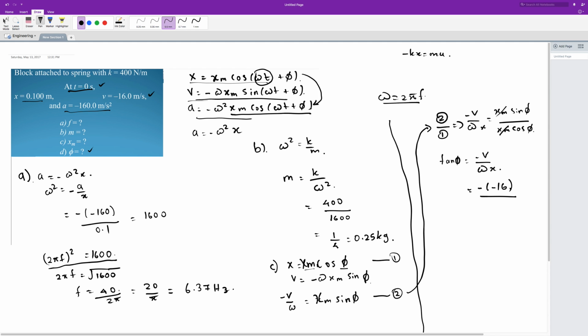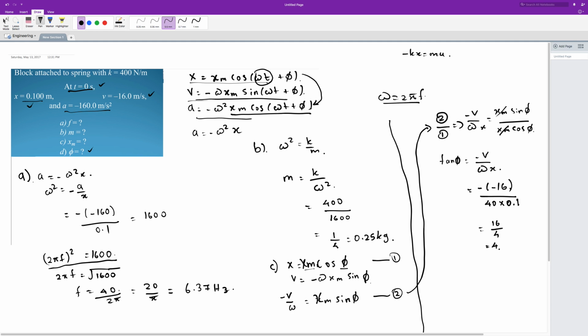We know that omega square is equal to 1600, therefore omega is equal to 40. We are just square rooting, right? So this is going to be 40 times x, which is provided right here, 0.1. So I substitute 0.1 right here, and this is equal to 16 over 4, equal to 4.